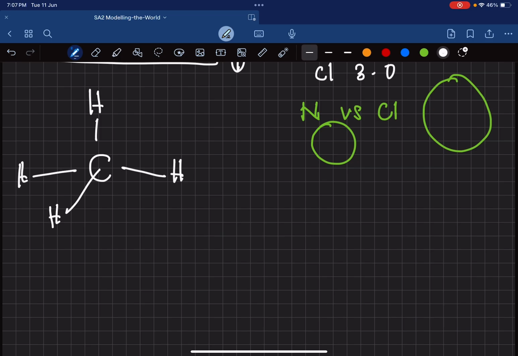That means all the angles between the hydrogens and the carbon are 109.5 degrees. Every single angle is the same, so we say methane is symmetrical because all angles are the same.